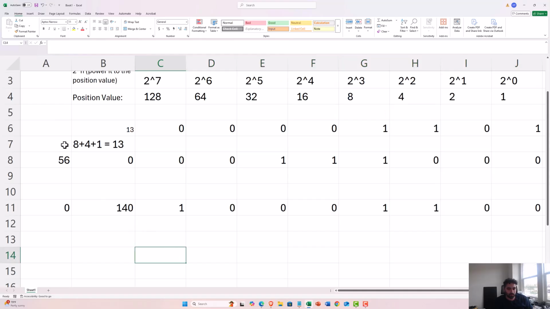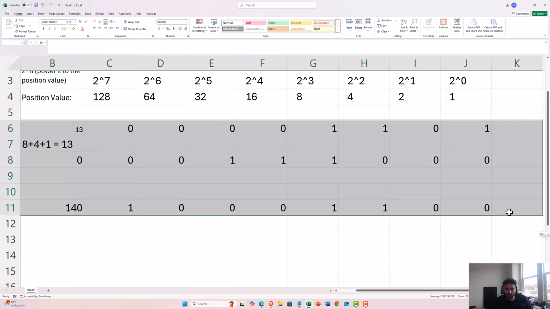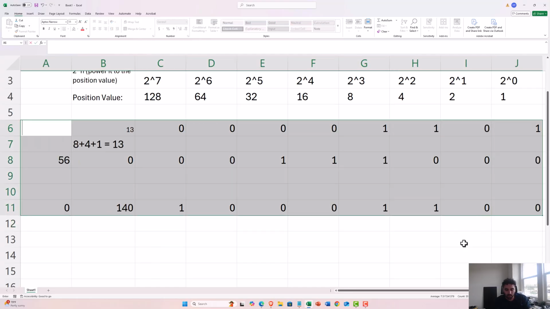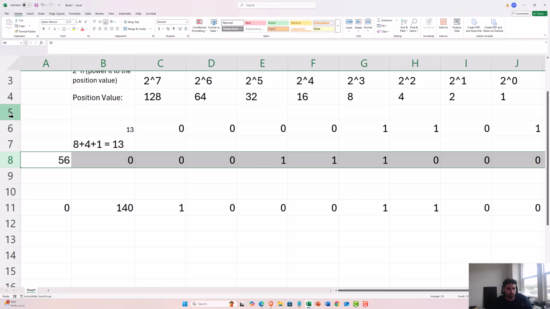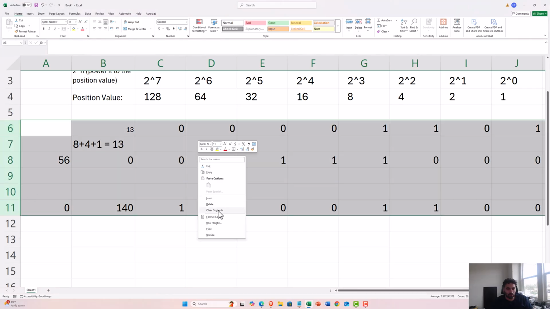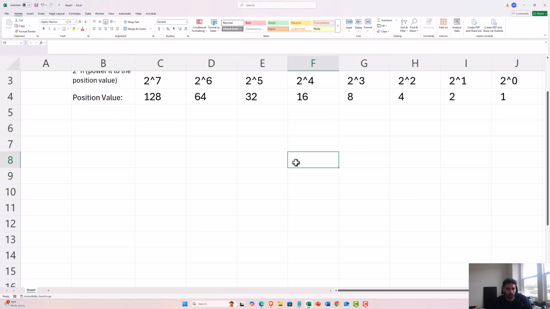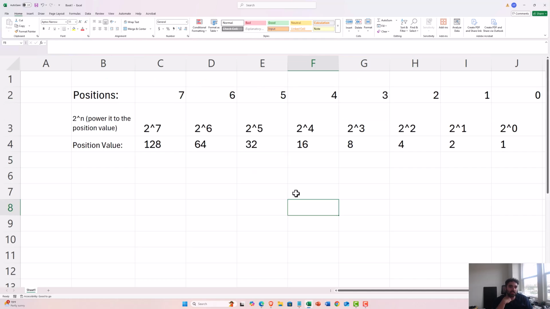All right. So let's go ahead and erase this real quick. What if we have a binary number and we want to convert it into decimal?